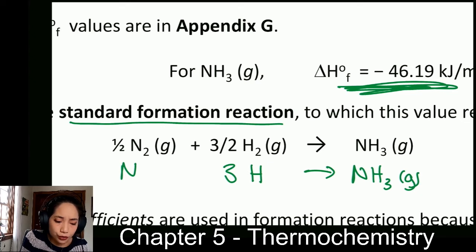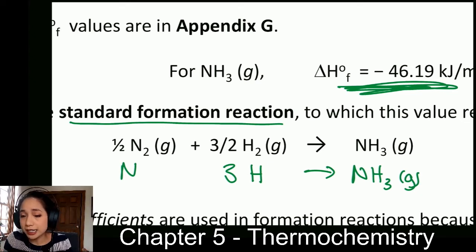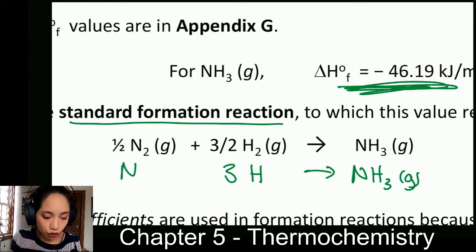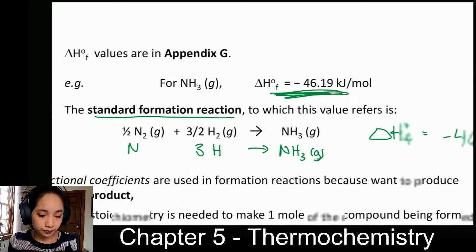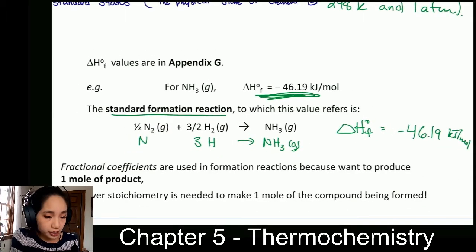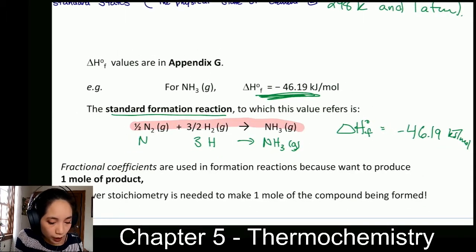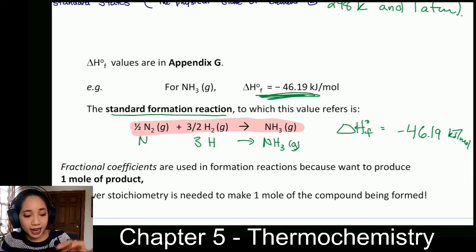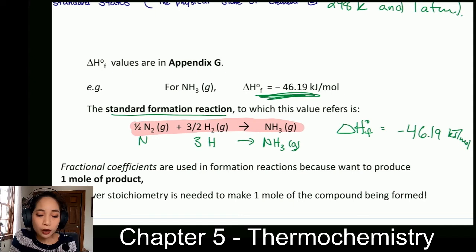And so also note here that standard state, nitrogen and hydrogen exist as diatomic molecules. They also exist as gases. So you have to make sure to include those gas physical states in your standard formation reaction. And so this is the reaction. 1/2 nitrogen gas plus 3/2 hydrogen gas gives NH3 gas, and the value for that delta H value is equal to negative 46 kilojoules per mole.